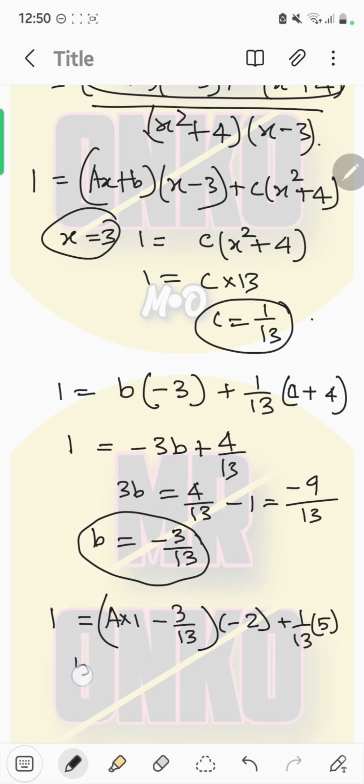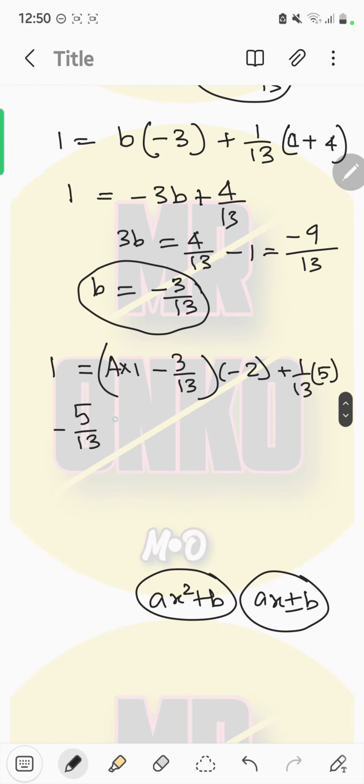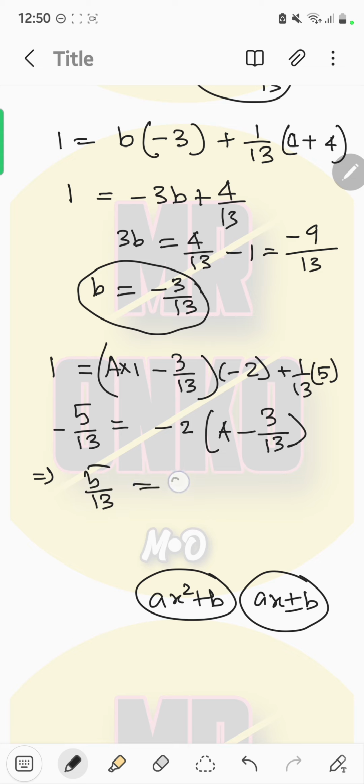So minus 5 by 13 is equal to minus 2 into (a minus 3 by 13). Now the minus will be omitted, so 5 by 13 is equal to twice of (a minus 3 by 13).